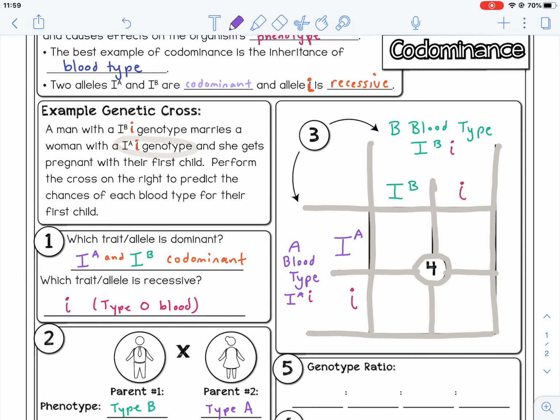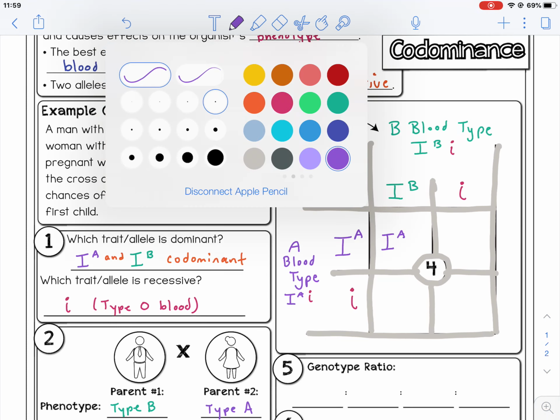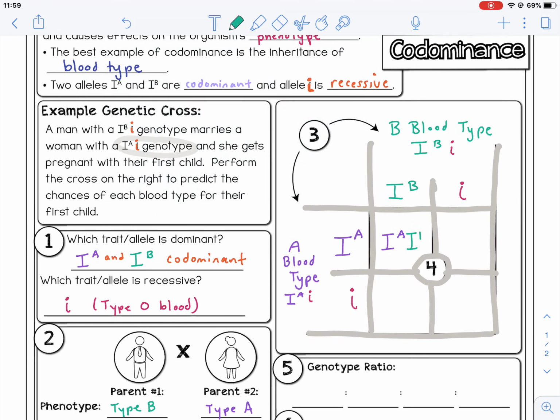Okay, now we just fill out our Punnett square as we normally would. Remember, we use alphabetical order.